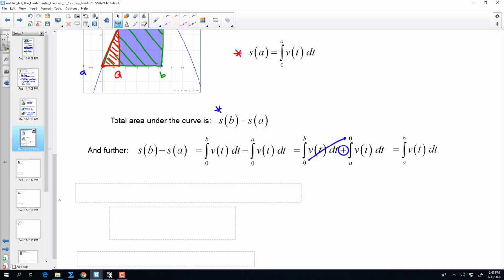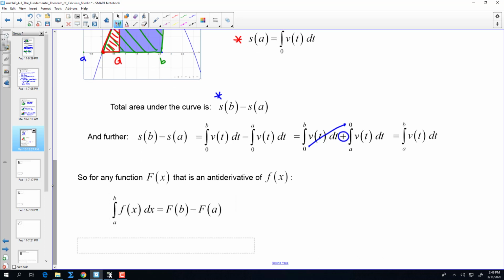So, for any function that is an antiderivative of f of x, we have the integral from a to b of f of x dx can be evaluated as the antiderivative at the upper endpoint minus the antiderivative at the lower endpoint, and that right there is the fundamental theorem of calculus.